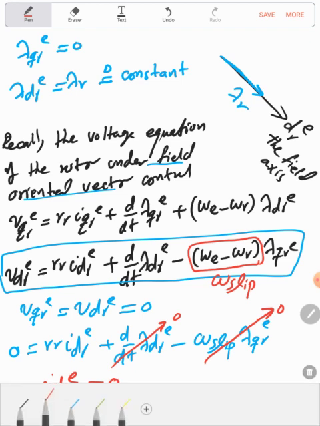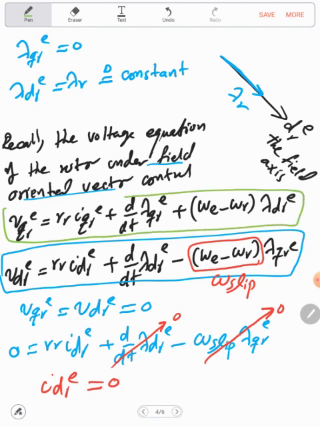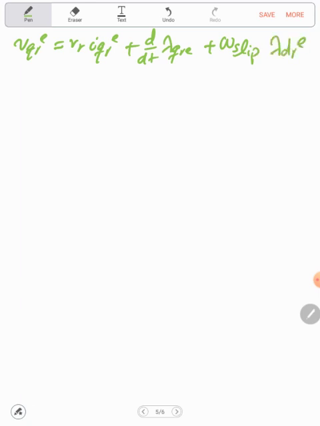Now let's see what will happen to the second equation, VQRE. So we have VQRE, which is equal to R IQRE plus d by dt of lambda QRE plus omega slip multiplied by lambda DRE.